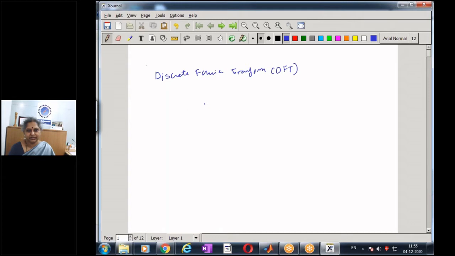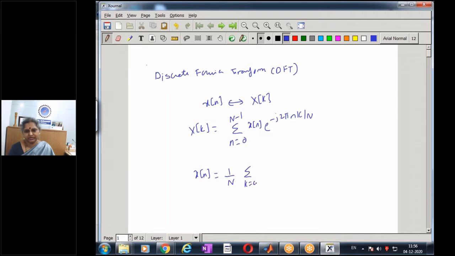We know that given a discrete time signal x of n, the DFT is given by x of k, where the DFT coefficients x of k are given by sigma n equal to 0 to N minus 1 x of n e to the power of minus j 2 pi nk by N, while we can get back the signal x of n from the DFT coefficients using the inverse DFT expression.